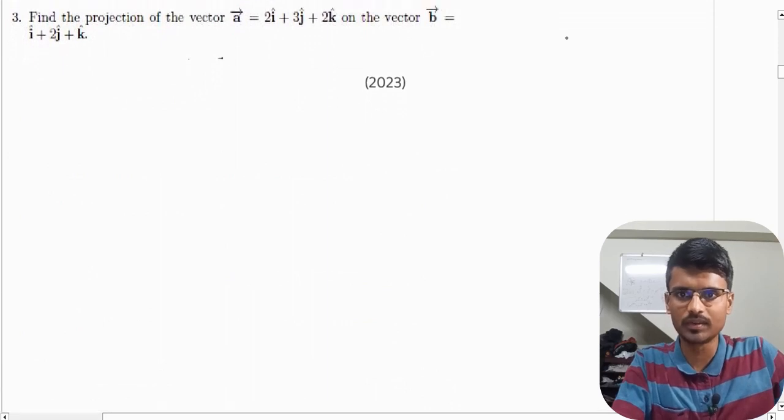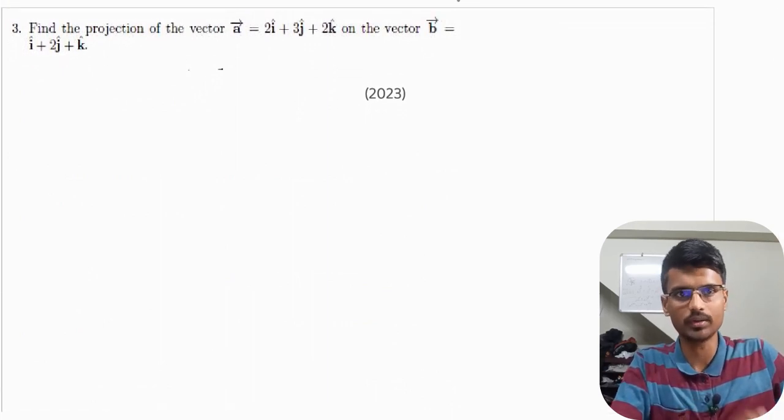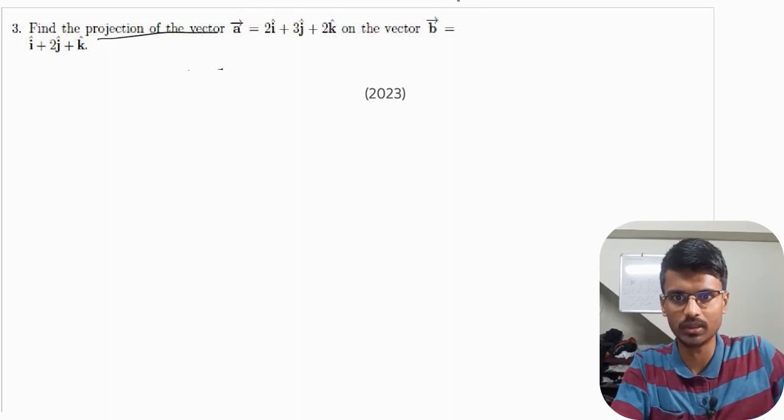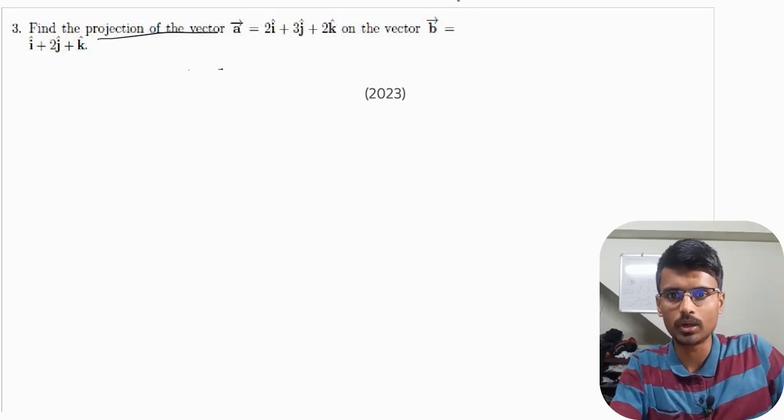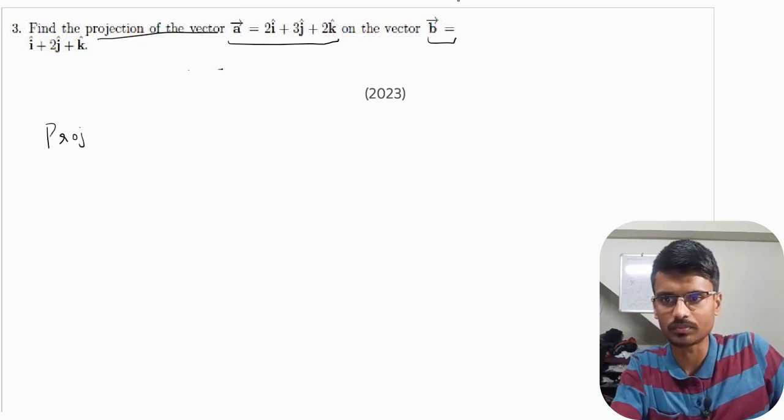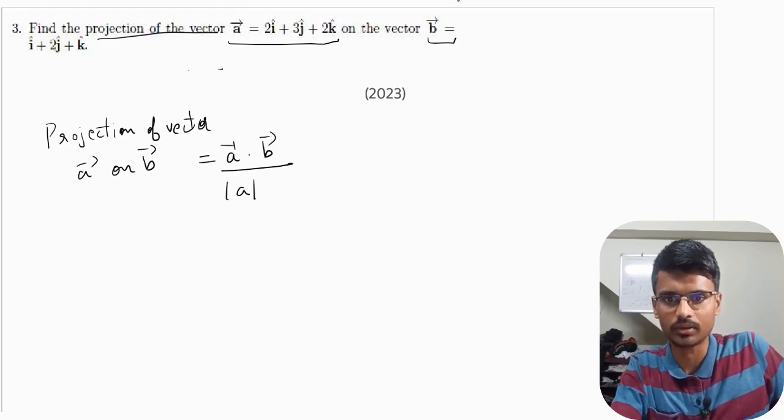Next, this is the most expected question. They may ask you this projection vector. This is very simple. Find the projection of vector A on vector B. The vector A is given to us and the projection of this vector on vector B. The formula for the projection of vector A on B is A dot B divided by the modulus of the other vector.